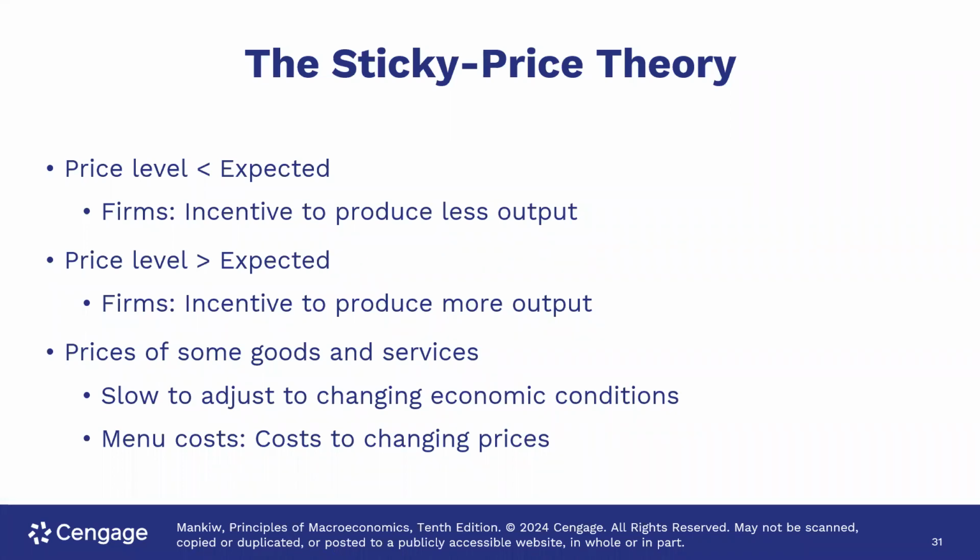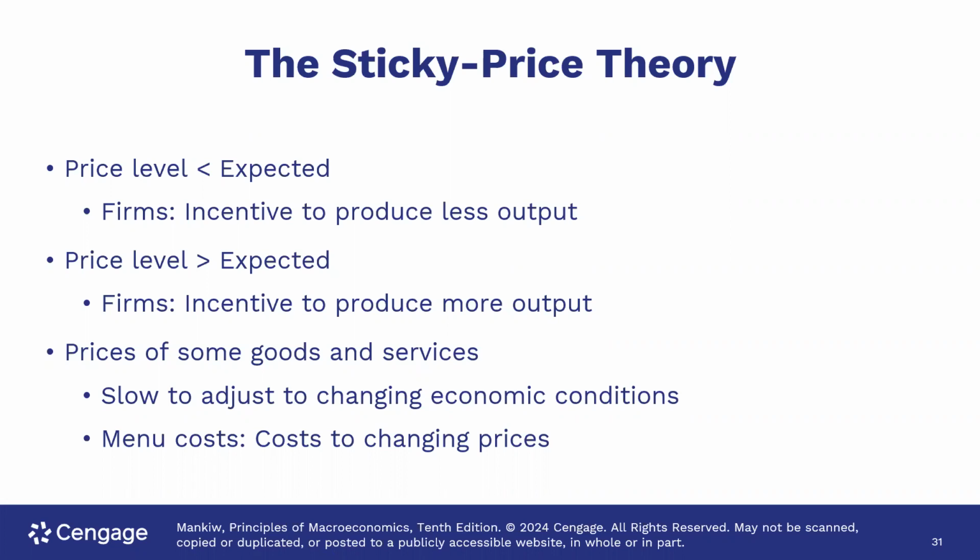The price level is very high, so it will incentivize firms to produce more output, but they cannot adjust their price. So the only thing they can do is to adjust to the change in demand.